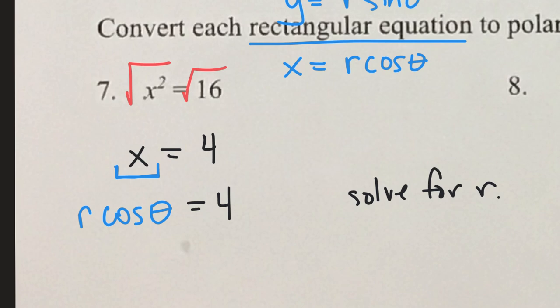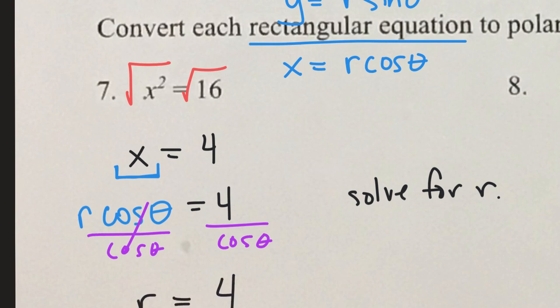Divide by cosine. So we did something similar to this up above, or we undid something similar to this up above. And then to simplify, what is 4 over the cosine? Simplify to 4 times the secant. 4 times the secant.